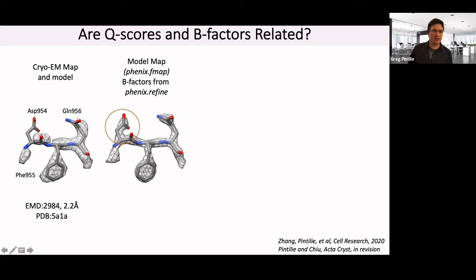Usually you don't have too much information about each position in space, so you might want to constrain it to say that the B factors of this residue should be similar to the B factors of this residue, because how much residues are moving tends to be influenced by how they are connected together. They tend to move in similar ways, either more mobile or less mobile. So there are these constraints that are applied, which in this case made it look as if this residue is resolved better than it should be.